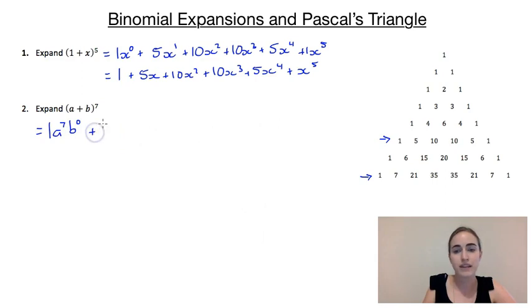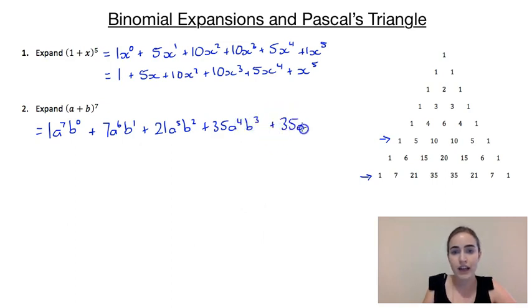Then I'm going to add, my next number is 7, a to the power of 6, so decreasing that power, b to the power of 1, increasing the powers of b, plus 21 a to the power of 5 b squared, plus 35 a to the power of 4 b cubed, plus another 35 a to the power of 3 b to the power of 4, plus another 21, so 21 a squared b to the power of 5, plus 7 a to the power of 1 b to the power of 6, plus the last one, 1 a to the power of 0 b to the power of 7.